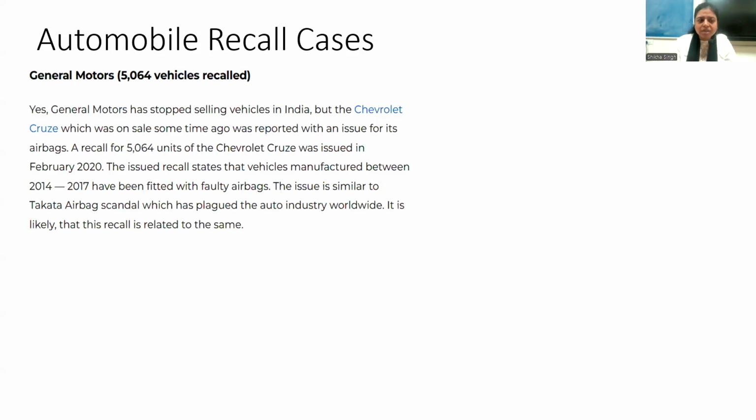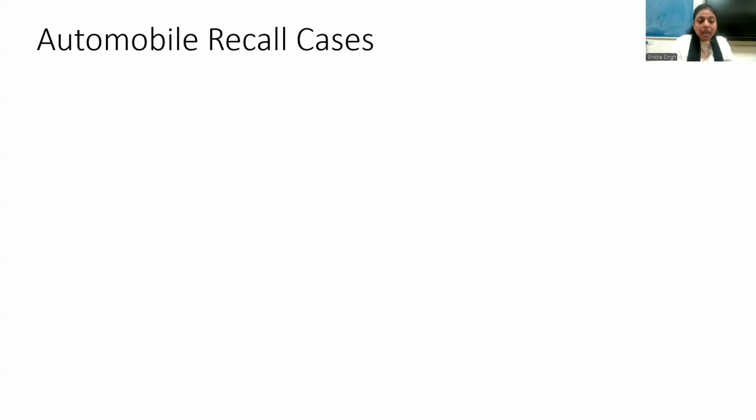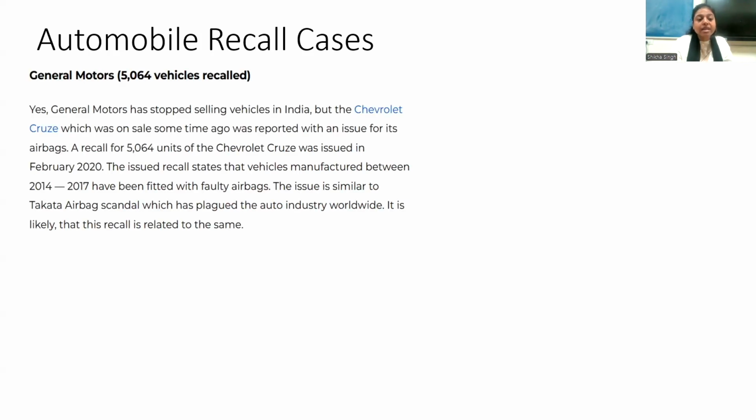One General Motors case we have already seen. The case we just discussed was of 2014, but here you see one more case, again in 2020, and again it was related to cars developed in later years, and it was again due to faulty airbags.